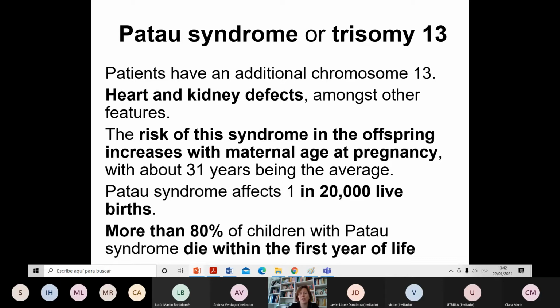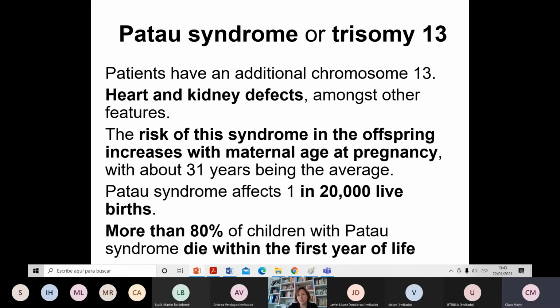You get pregnant, and when the baby is in your womb and you are 5 or 6 months pregnant, you've got a natural abortion. The baby dies because it's a very complex syndrome. Even if they are born, more than 80% of them die within the first year. That's why you probably don't know any baby having this syndrome: it's not very common and they don't get older. So you're not going to see them at school.